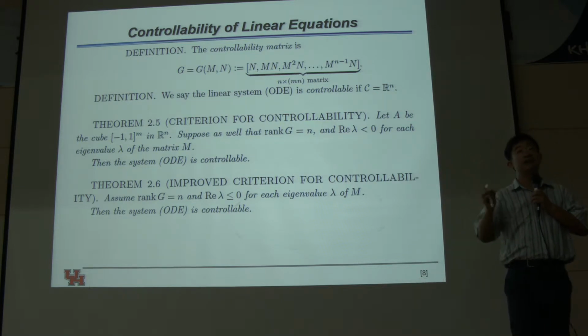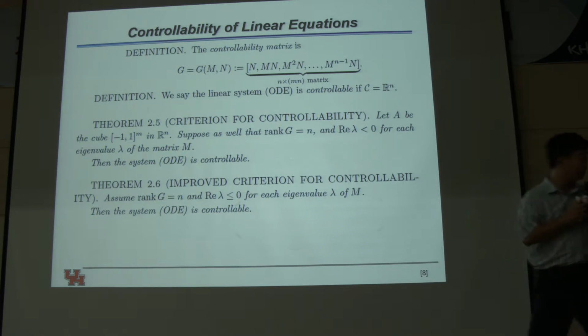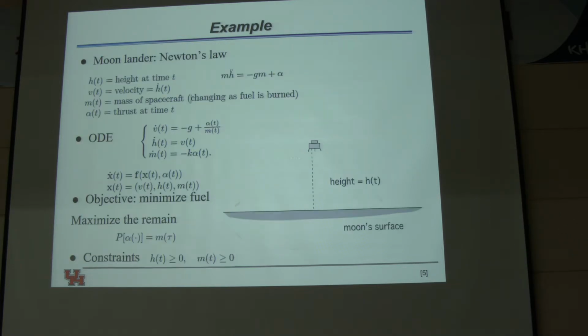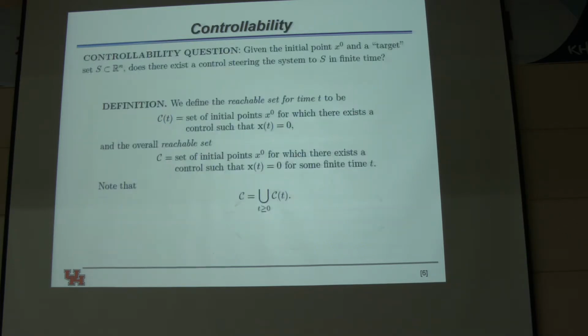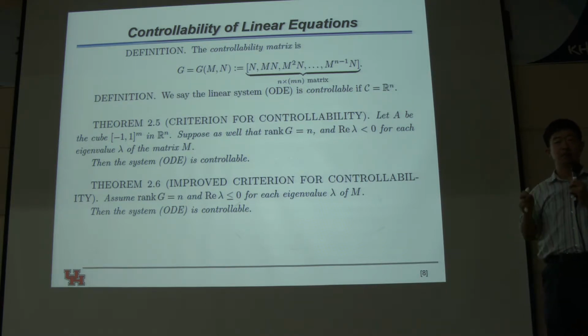So in NASA, in the physics, with M and N, the example I show you here, this M and N satisfy this kind of controllability. In other words, any place in the universe, we can reach in finite time.